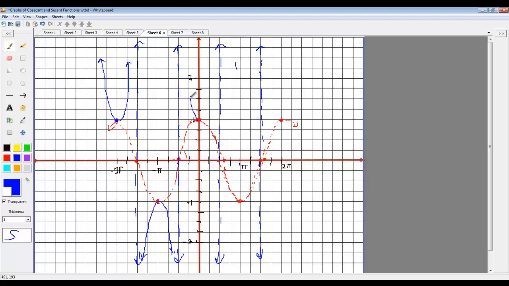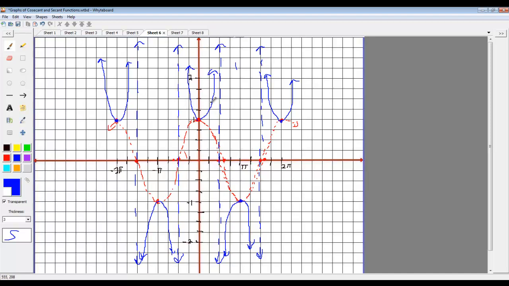Say local, just right. There is no actual maximum or minimum for secant because these shoot way up to positive infinity and these shoot way down to negative infinity. But locally, just within that little region, you have little local maximums and minimums. You'll talk about local maximums and minimums in calculus. Okay, but that's how you can get your secant graph. Graph the cosine first, and then go through and start putting in your secant stuff.